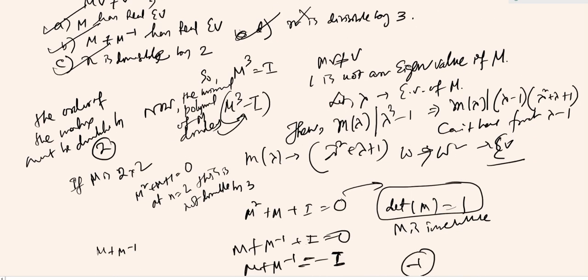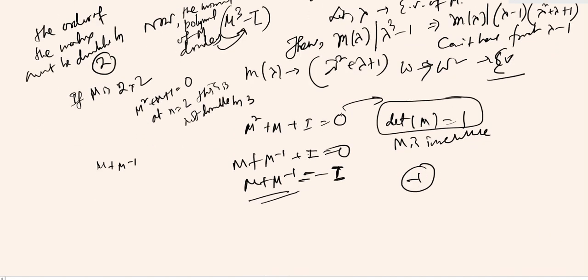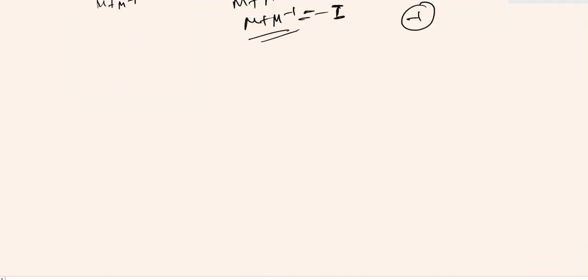Okay. So time for the next one, 9. P is a 7 cross 7 matrix.